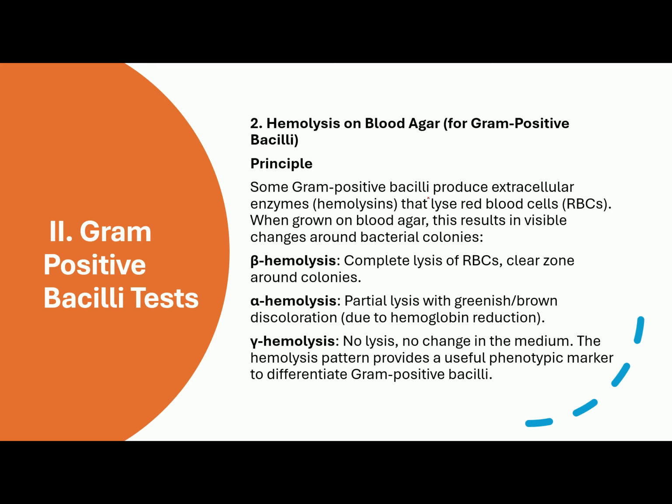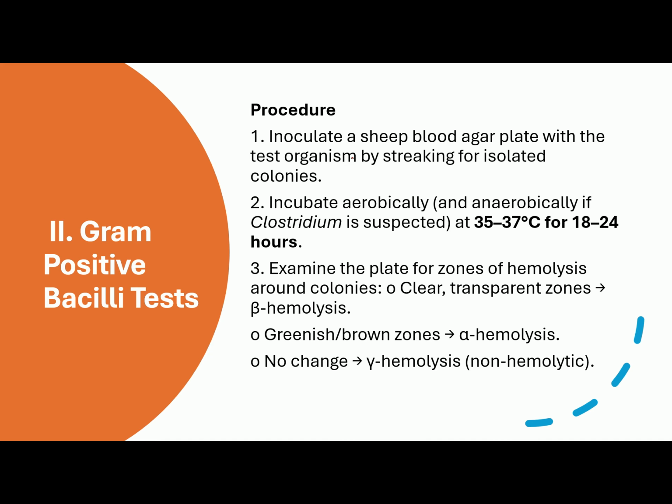Some gram-positive bacilli would show different hemolysis on a blood agar plate. Just a review: beta hemolysis is complete lysis, alpha hemolysis is partial, gamma is no lysis. Procedure: streak on a blood agar plate, incubate aerobically or anaerobically, and examine the plate.